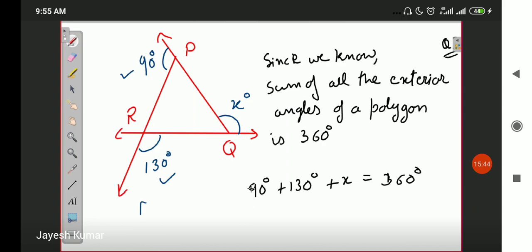How do I get it? 90 degree is the exterior angle at point P, 130 degree is the exterior angle at point R, and x is the exterior angle at point Q. All of this should be equal to 360 degree, and that means x should be equal to 360 degree minus 220 degree, since 90 plus 130 is 220 degree. That will be 140 degree. So the value of x is going to be 140 degree. I guess it is quite simple.